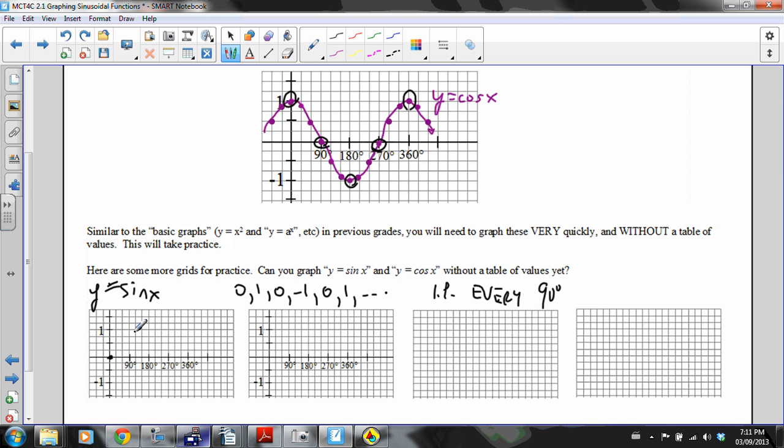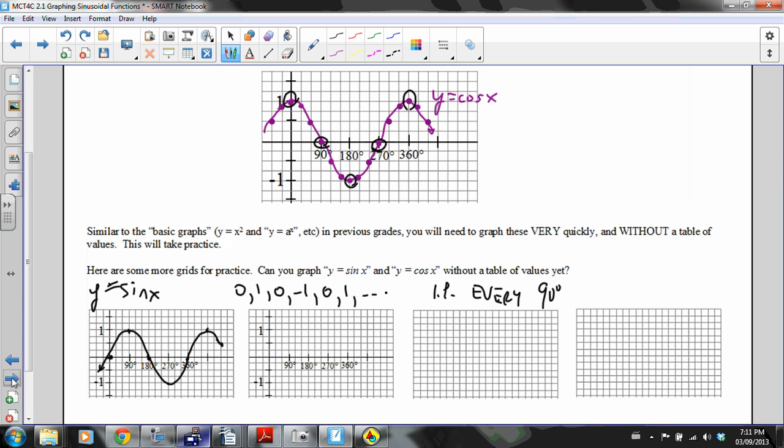It goes 0, then high, 0, then low, 0, then high. And I just follow this pattern. I can follow this pattern in both directions. Nice smooth curve between all the points. Shouldn't look like teeth. It should look like a nice smooth wave function, and then so on. These grids were there for you to try some more.